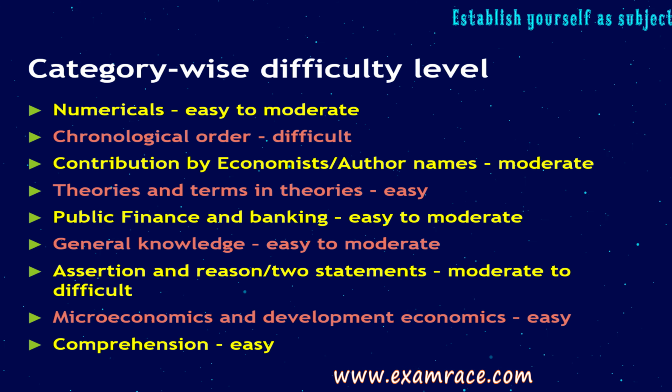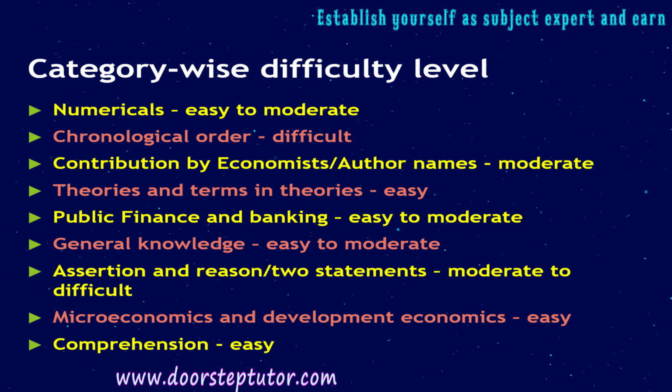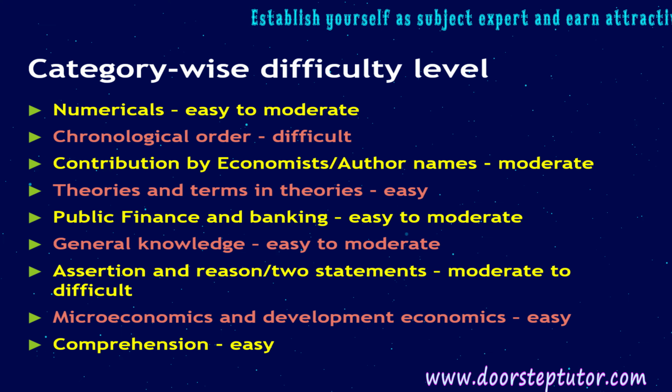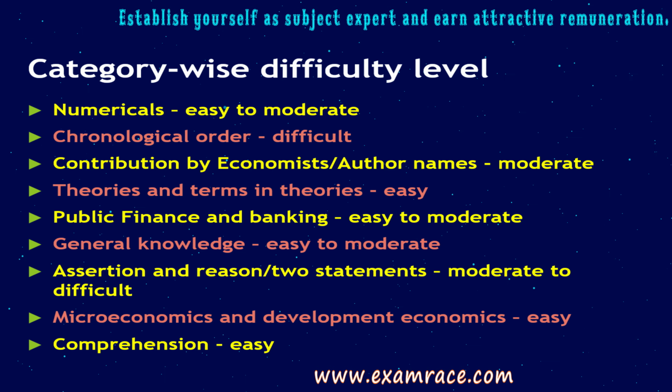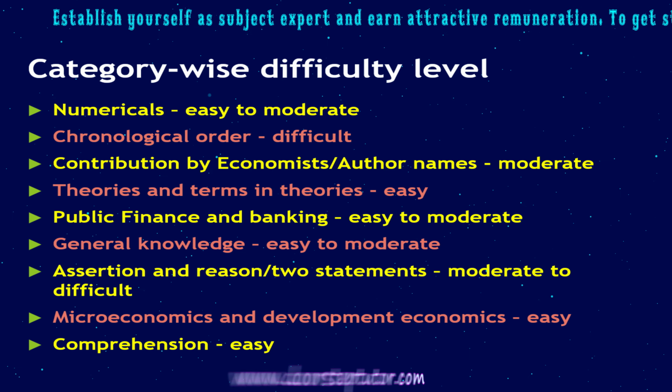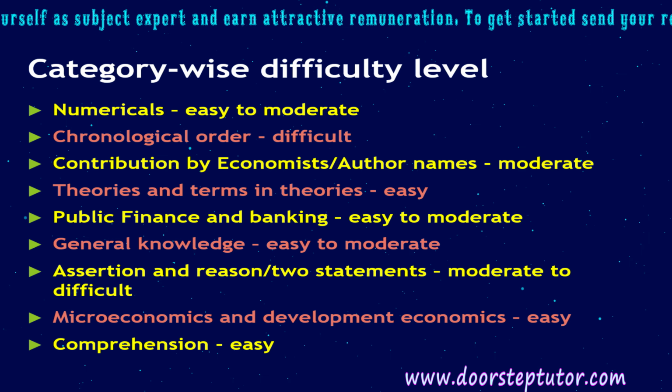You had to basically match which author gave which theory. So there was ISLM, there is a multiplier accelerator, optimum population, transaction costs. So you have to remember who gave which theory.